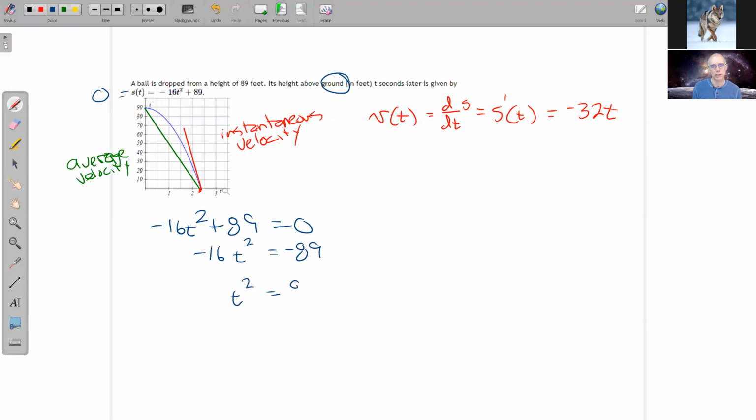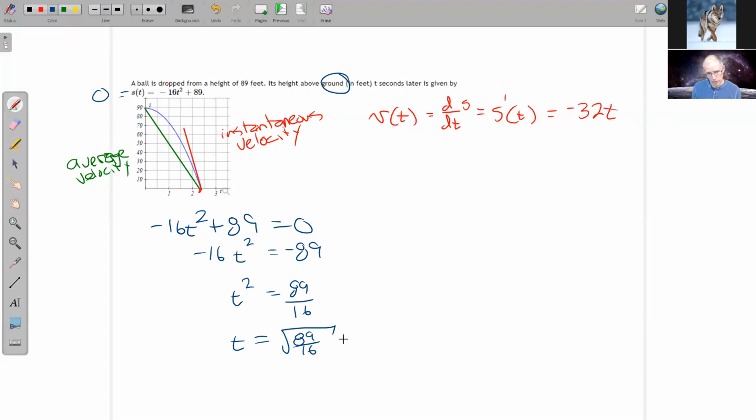And so t is the square root of 89 over 16. And I don't need to worry about the plus and minus because the minus would be before the ball got dropped, which is irrelevant. So it's just the positive square root.